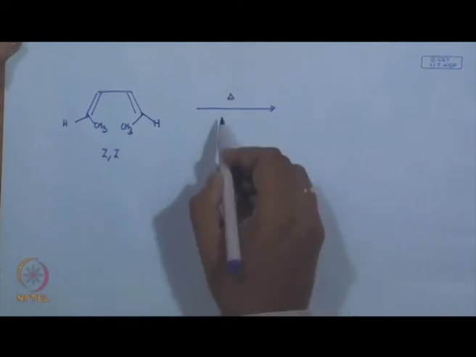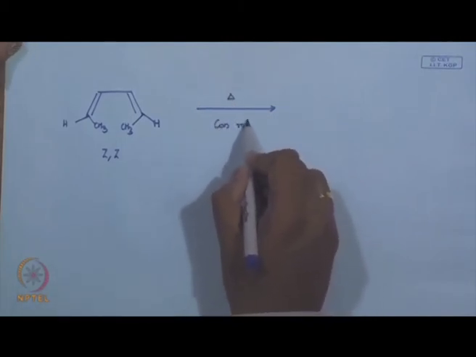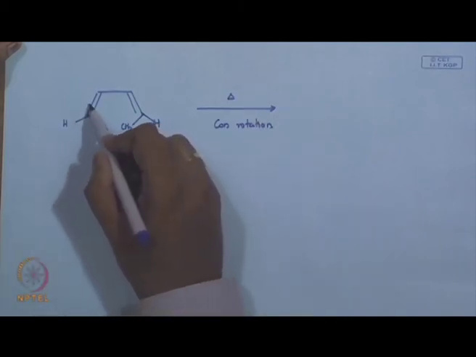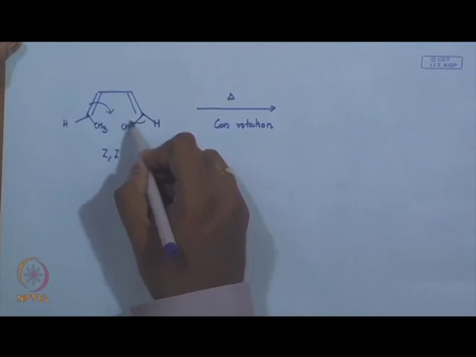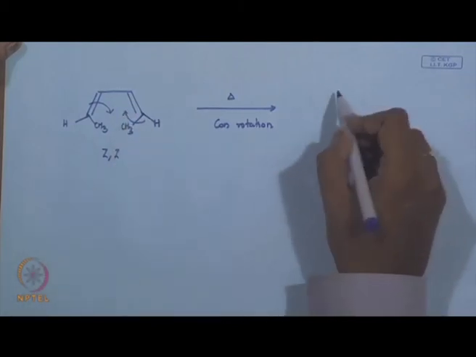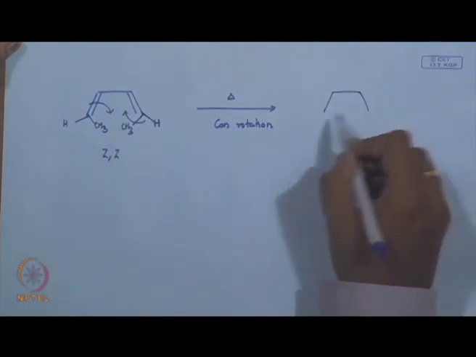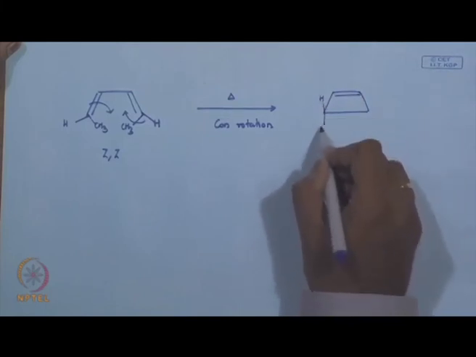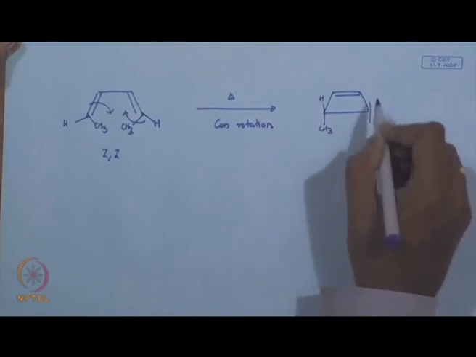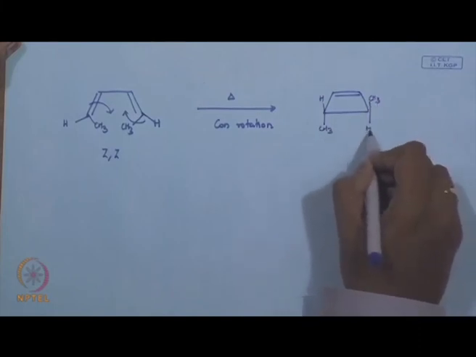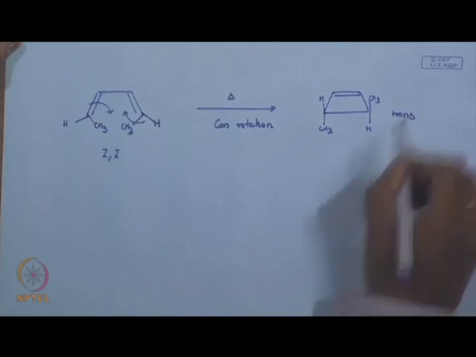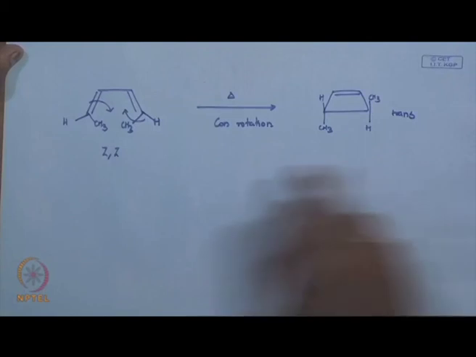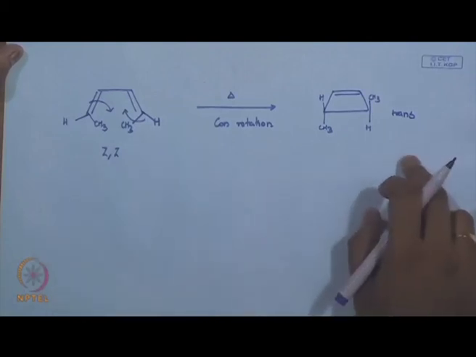I know now that it is a conrotation, so I know the direction in which I have to go. Hydrogen, methyl, and I get my methyl up, hydrogen. See, in this case I get my trans. ZE conrotation gave me cis, ZZ conrotation gives me trans.